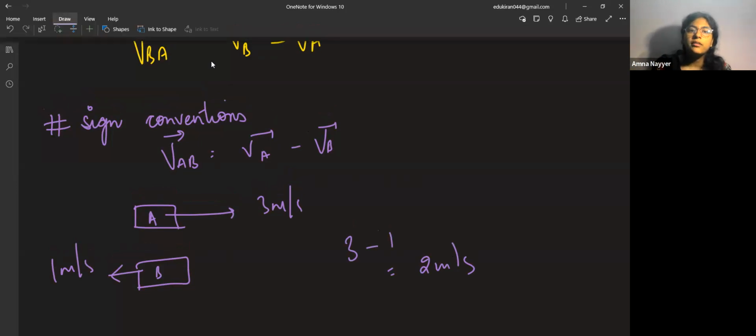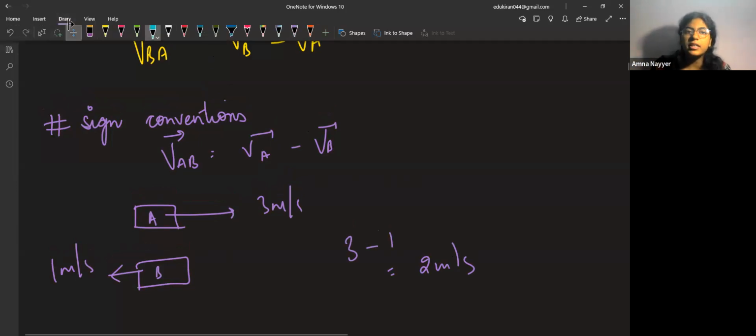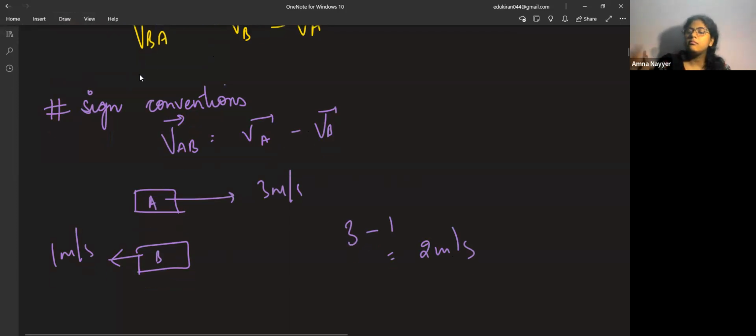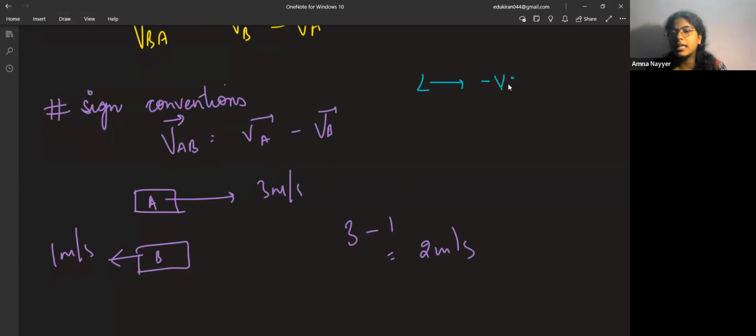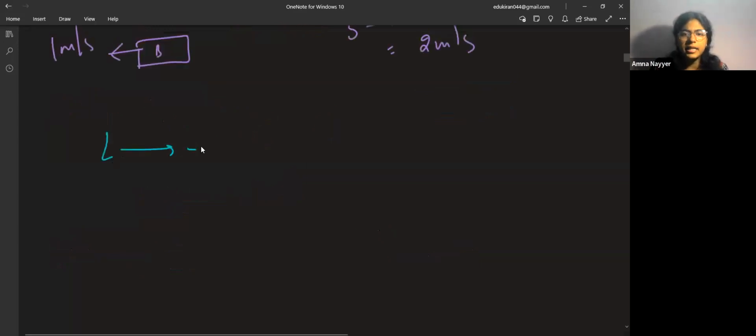Now look, when you keep in mind the sign conventions, let's say left I have taken as negative and right as positive.